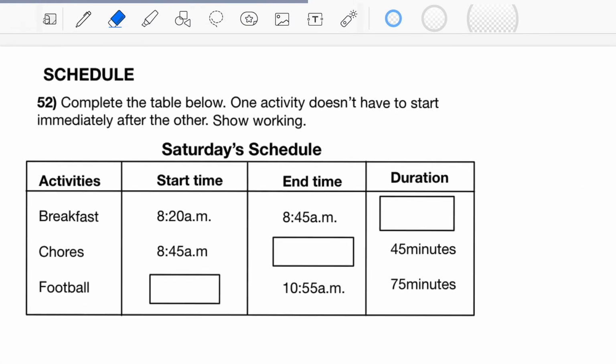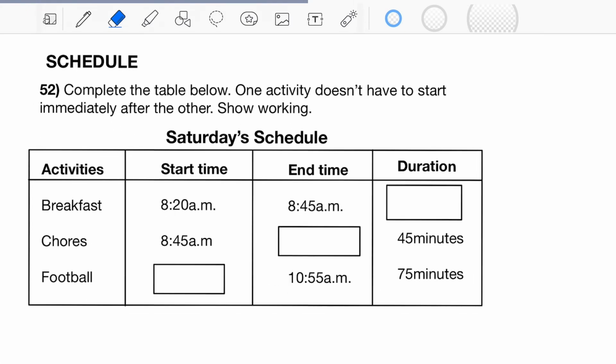We will now go on to a schedule question. Complete the table below. One activity doesn't have to start immediately after the other, although that's how most of the questions are. This one is a little different, so it may or may not start immediately after the other.